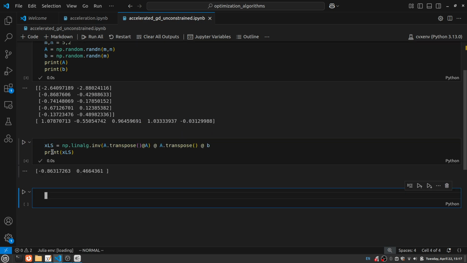Right? So I get some particular x. Okay, let me try to approach this using gradient descent.